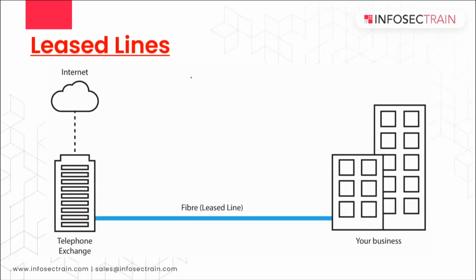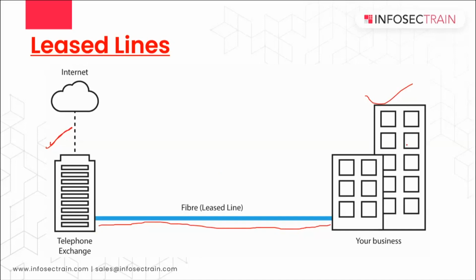Now the very first thing is leased lines. Let's say this is my office over here and this is my telephone exchange, the telecommunication company. What I asked my vendor is to give me a cable structure, a leased line.